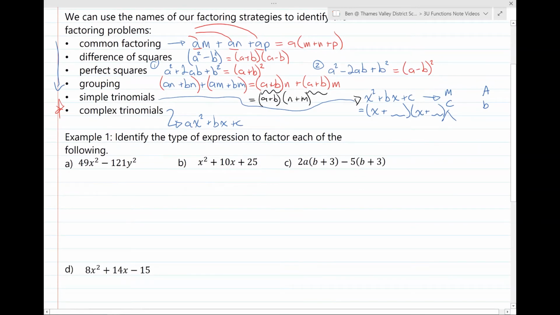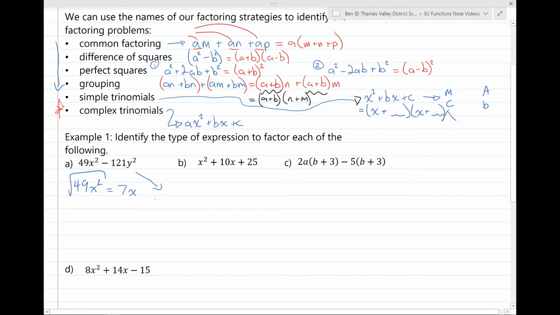Now let's use these examples below and try to recognize what kinds of problems we have based on the quick description that I put up above for each. So the first question here I recognize as a difference of squares because I see that my first term is 49x squared, and if I were to square root that just to see if it's a square number, I would find that it equals 7x.